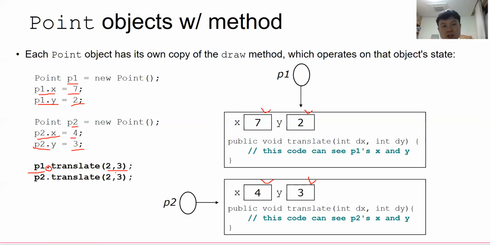So the x of 7 will be added by 2, and the y of 2 will be added by 3. What about p2? The 4 will be added by 2, and then 3 will be added by 3. Then the new value of p2 will be 6, 6, and the new value of p1 will be 9, 5. You can try this by yourself.